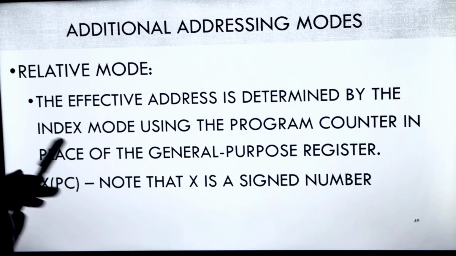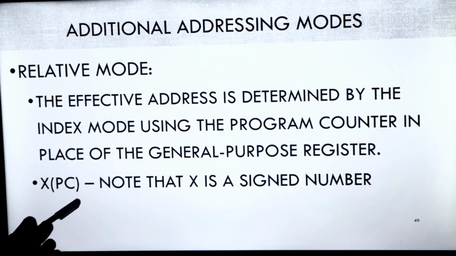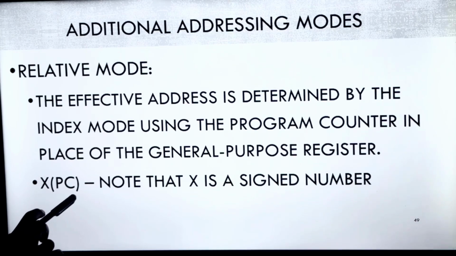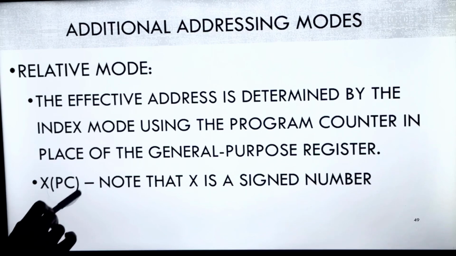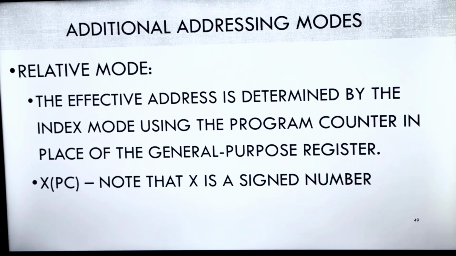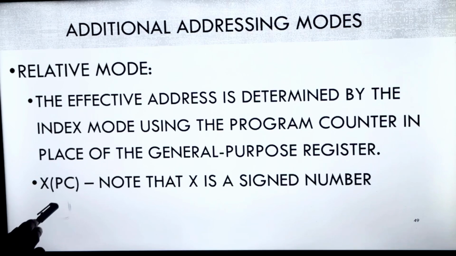In relative mode, the same operation I am doing, but instead of wasting a general purpose register, the next address is stored inside the special purpose register called PC. Now what is PC? I have already discussed it in my video number 2. PC is a special purpose register that can hold the address of the next instruction to be executed.